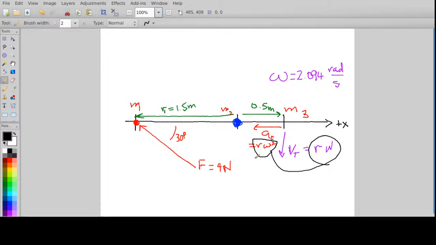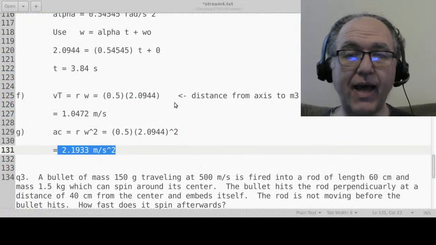Okay, but of course the acceleration has r omega squared, whereas the tangential velocity has r omega. Again, the r, this is kind of the point of this question, that r is always the r of whatever object you're talking about. In this case, m3, and m3 is 0.5 meters from the axis of rotation.